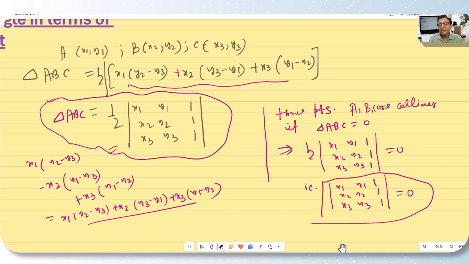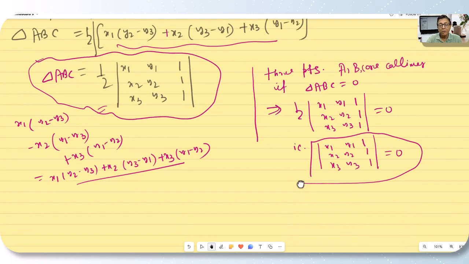This is the condition for collinearity of 3 points.